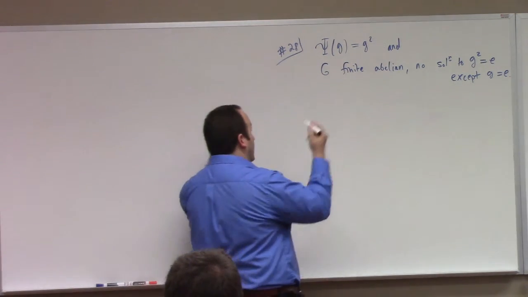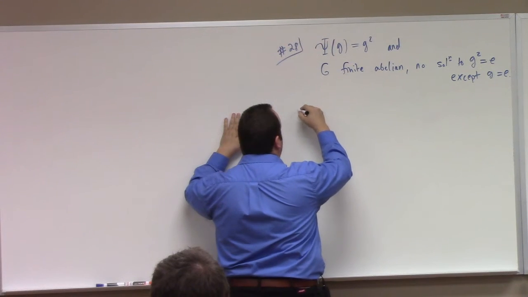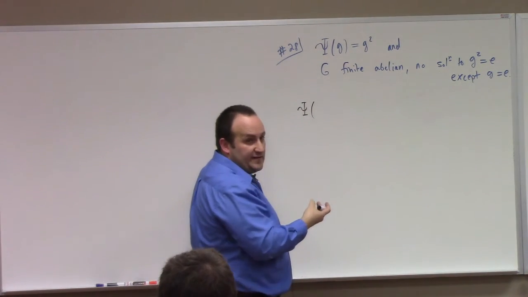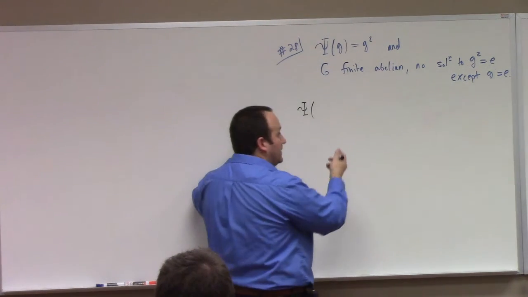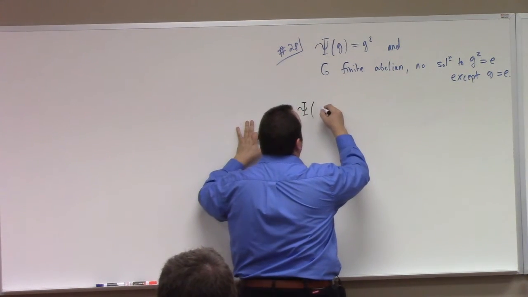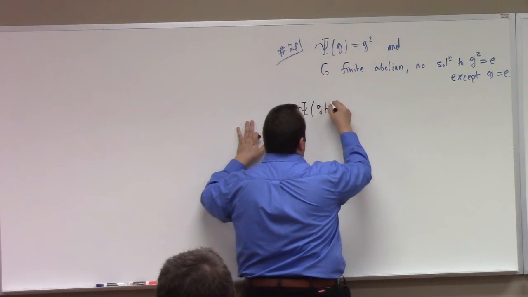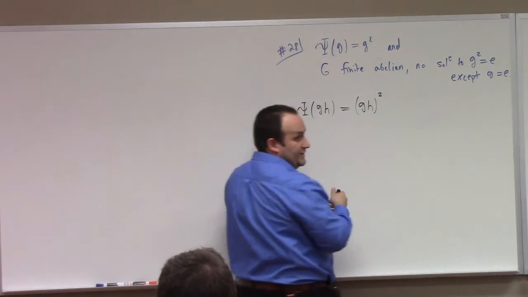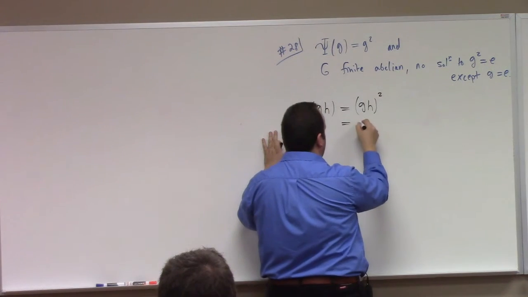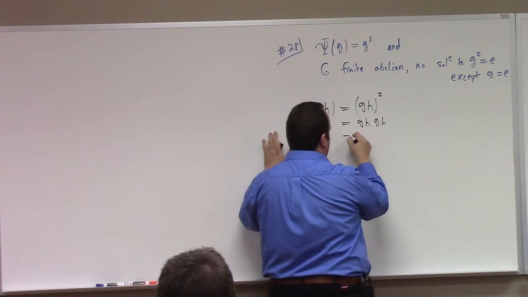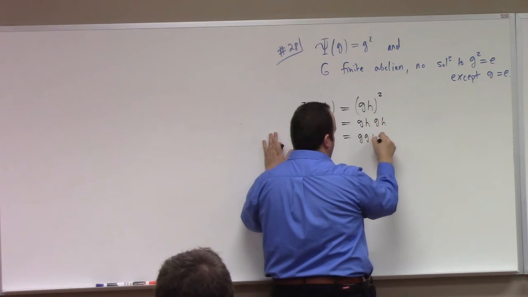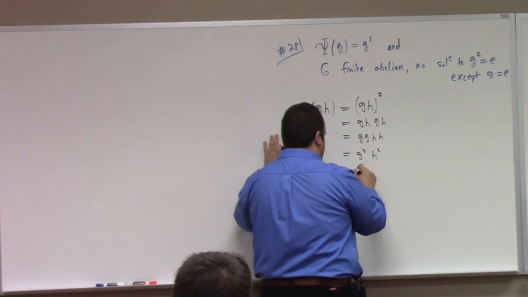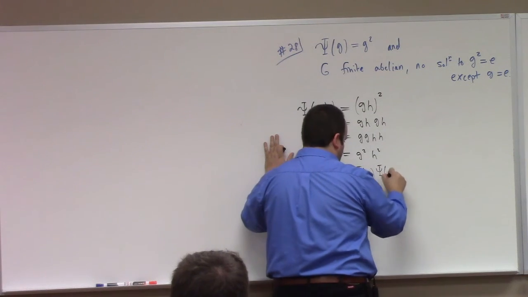First of all, homomorphism is the first thing we should do, because that's needed to apply the theorem that says you can measure injectivity by the kernel. So psi of gh is (gh) squared, but we're in the abelian case. So this is gh gh, which we can rewrite as ggh h, which is g squared h squared, which is psi of g times psi of h.